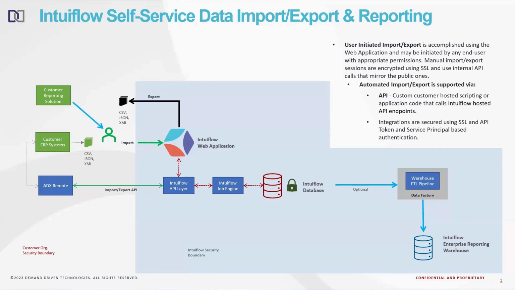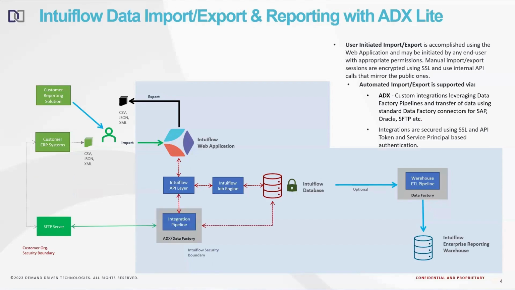Any questions on this one? Okay. All right, so ADX Lite is similar in that the client still takes and transforms the data, but for probably a security reason, they don't want us in their system. So they will send it to an SFTP server. Here I'm showing it in the client security boundary, but it could be on our side. It's just a design decision.